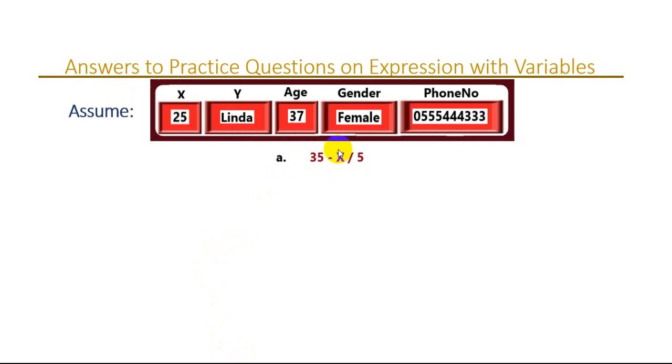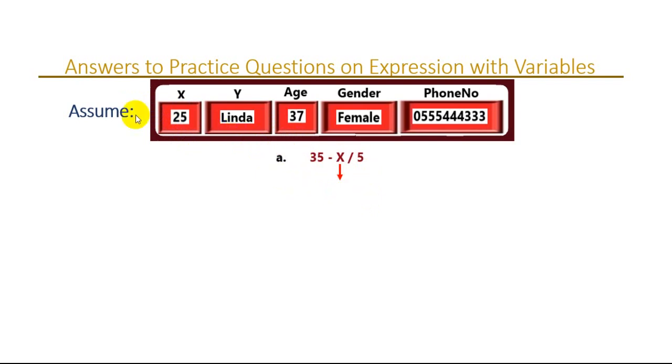So here we have one variable called X and divide by 5. According to the BODMAS rule, we have to do the division first. But before we do the division, let's substitute the value 25 for X. Right now it is 25. If this X had 35, then we would substitute 35. If it had 45, we would substitute 45.